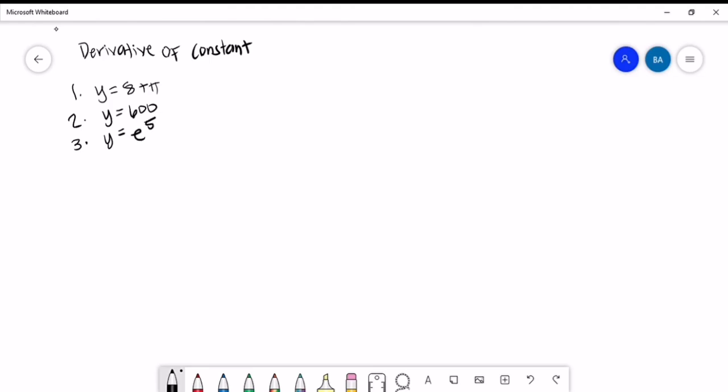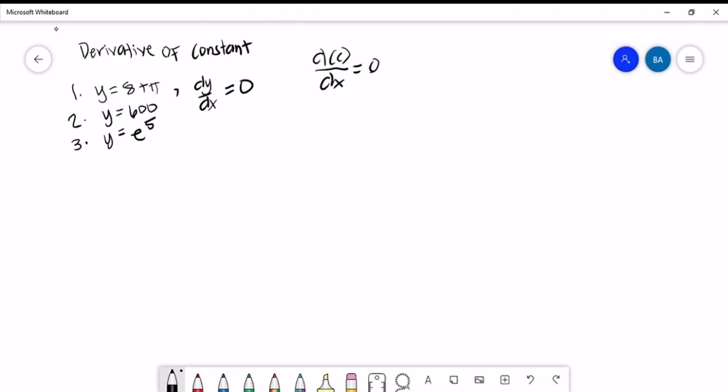If we are going to derive such a constant, the derivative of any constant with respect to x is automatically 0. So the dy dx of our first example is automatically 0 because it is a constant, and also pi is a constant.